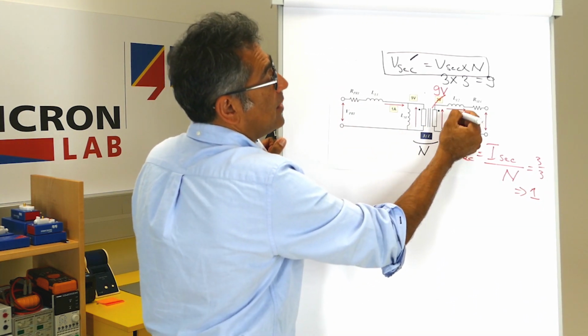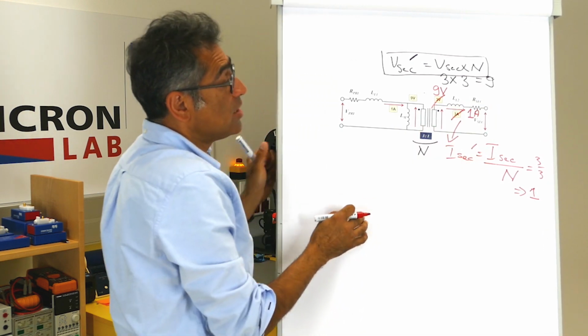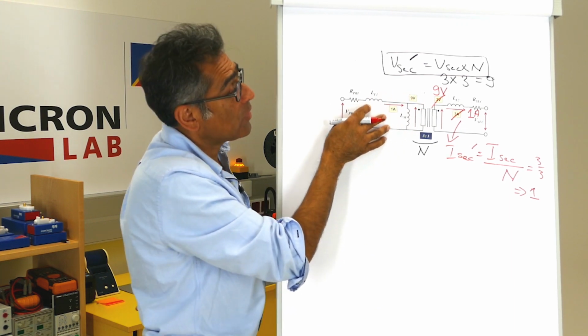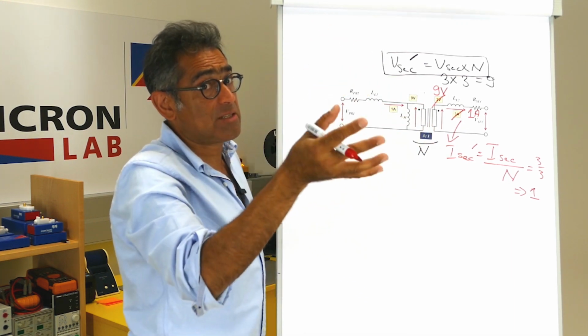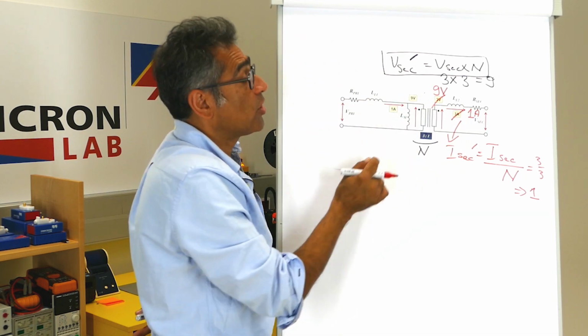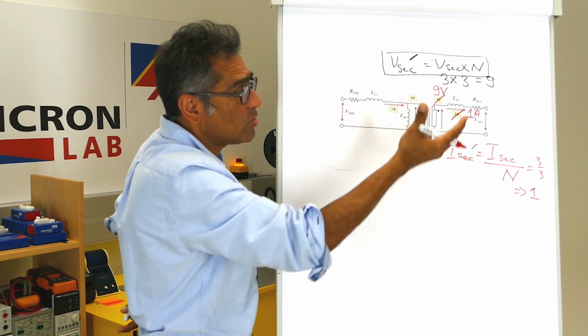So this current here also becomes 1 amp. So now I have got 9 volts and 1 amp on the primary. I have got, in mathematical world at least, 9 volts, 1 amp on the secondary. So can I connect this node and this node together to get rid of this transformer, which is causing me the headache?